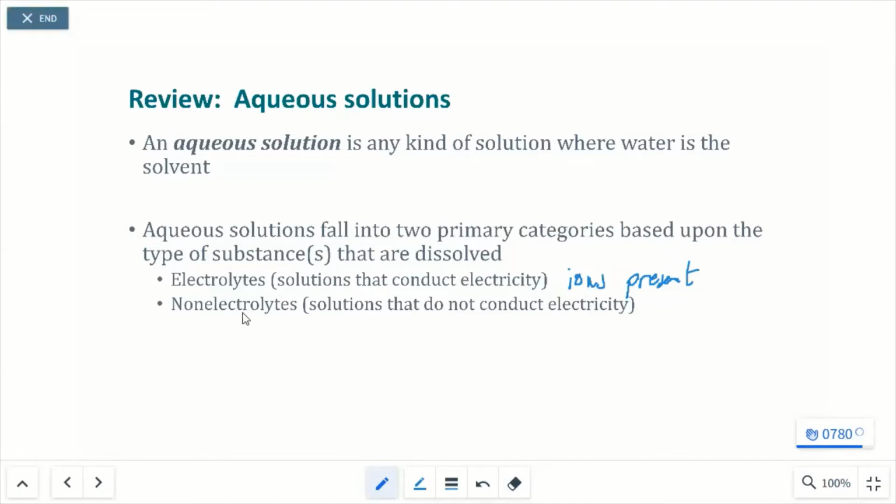On the other hand, we'll have non-electrolytes. Non-electrolytes are solutions that do not conduct electricity. And that is because in those solutions, we'll either have no ions present or we'll have very few ions present.